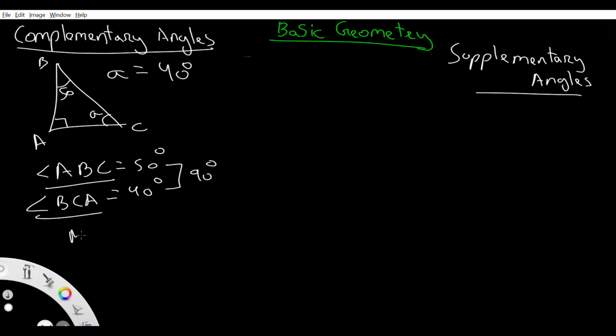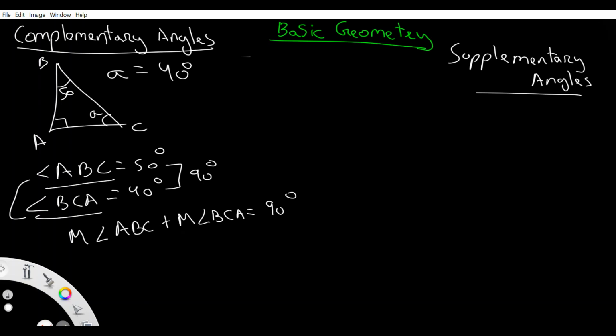So because the measure of angle ABC plus the measure of angle BCA is equal to 90 degrees, these two angles are complementary angles. So now what are supplementary angles?